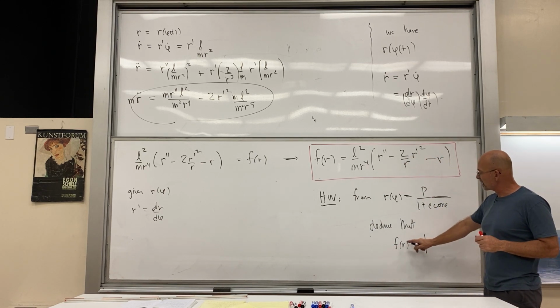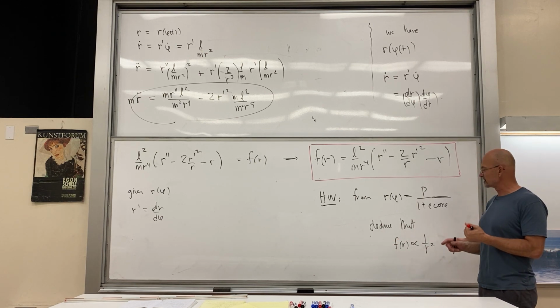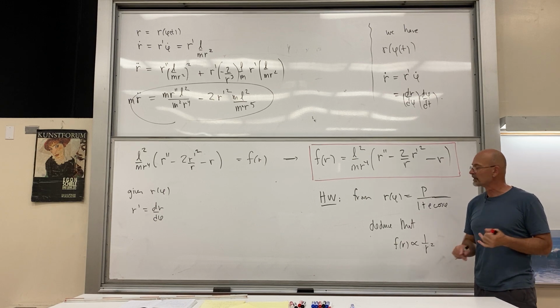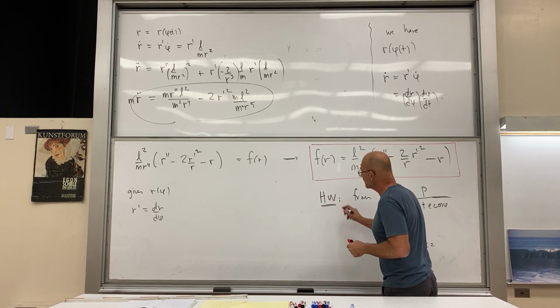This is general enough to cover all of the conic sections, so not just the ellipses, but the hyperbolas and the parabola as well. So that's the homework, and I'll show you how that's done.